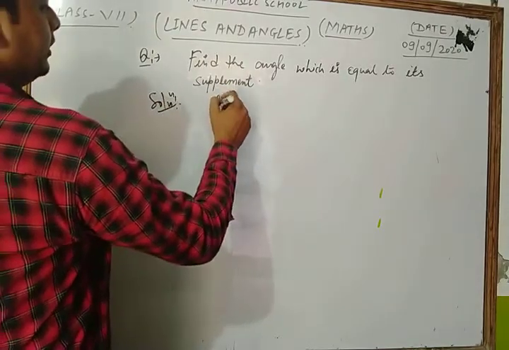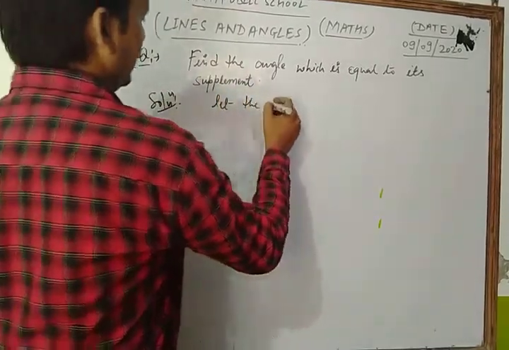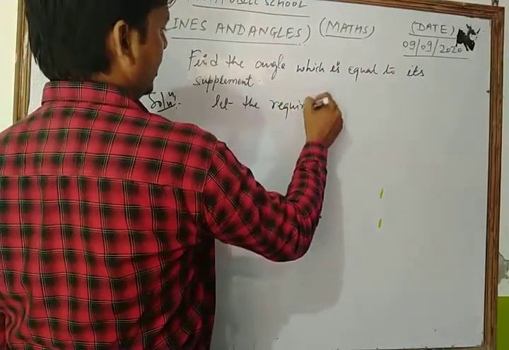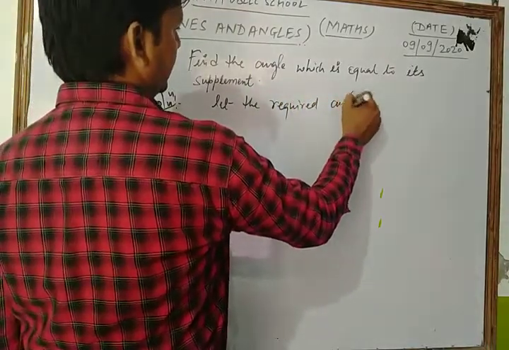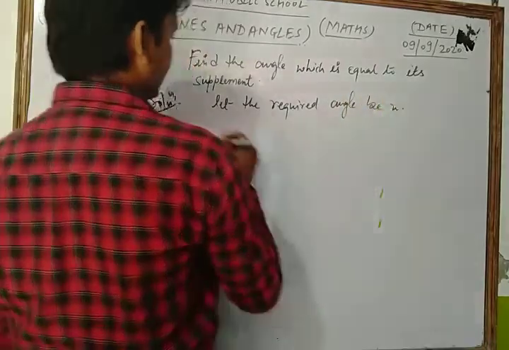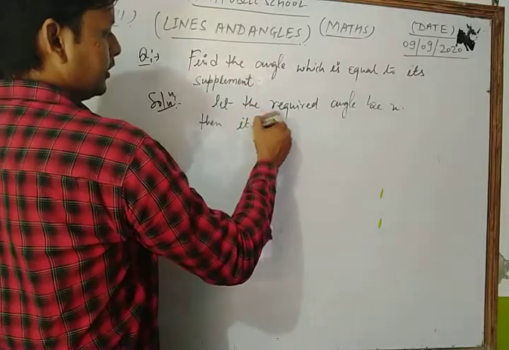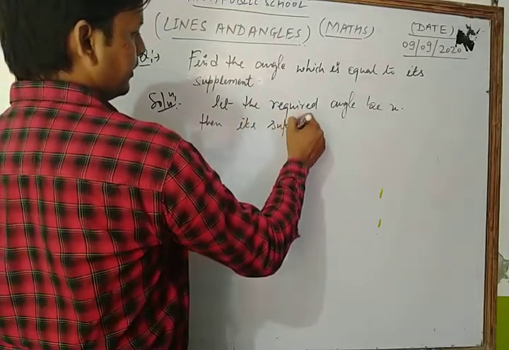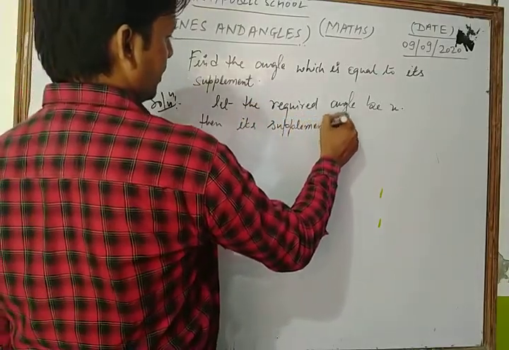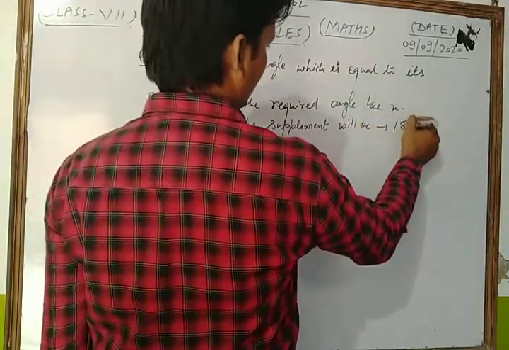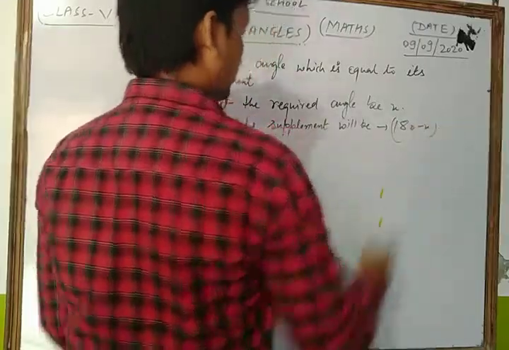First of all, let the required angle be x. Then its supplement will be 180 minus x.